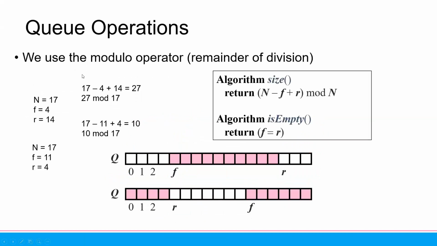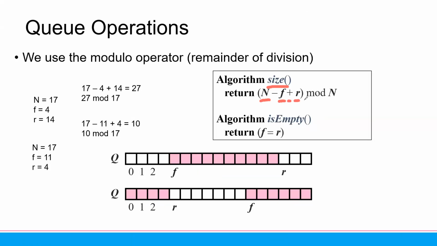In order to find the number of elements in the array, we call the size, and we need a formula. This n represents the array size, and it is n minus the front index plus r.